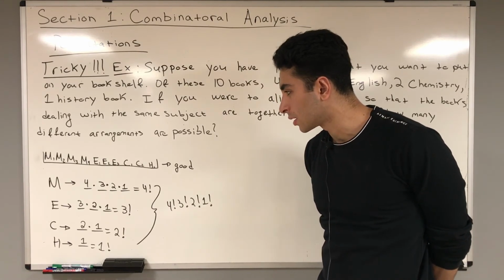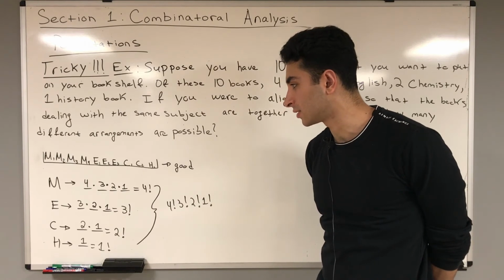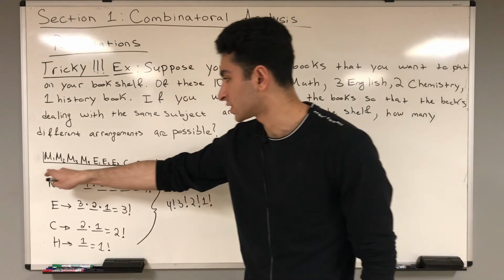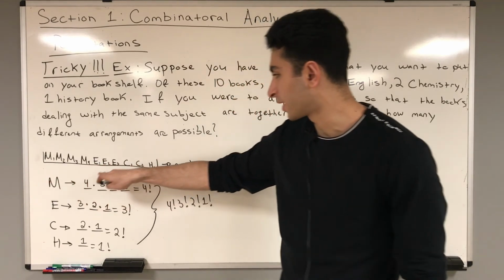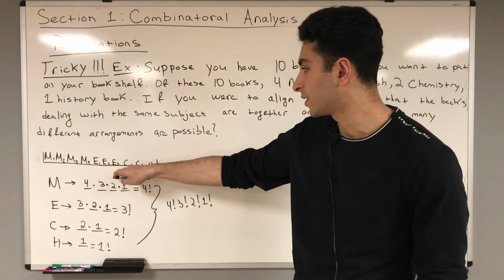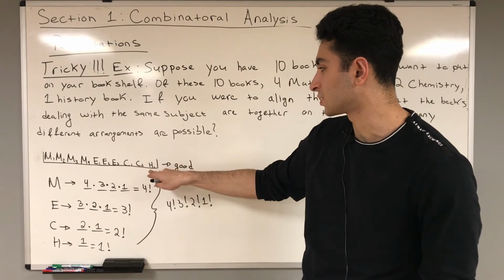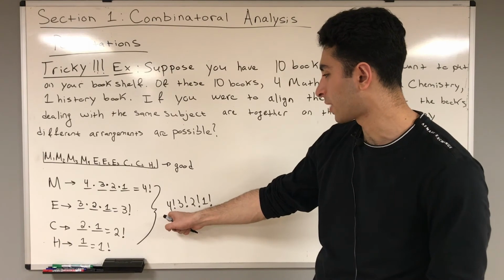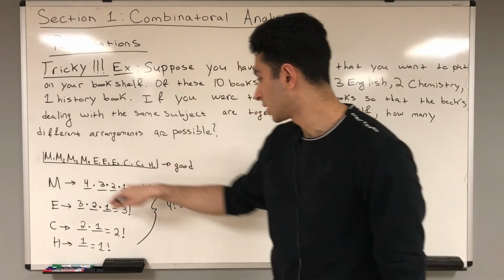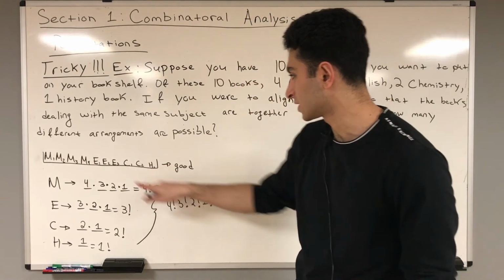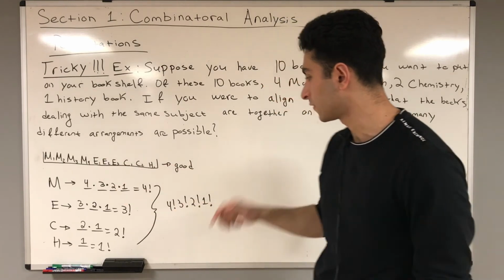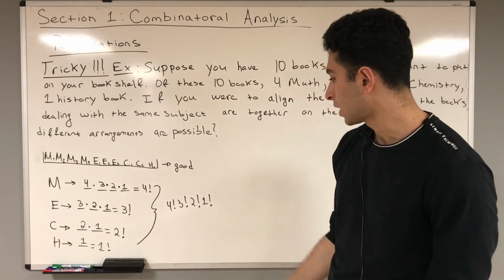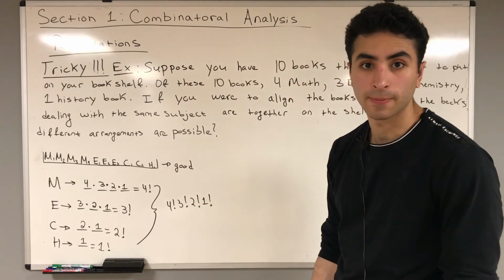Because we only factored in the case where we have the math books in the first 4 slots, the English books over here, the chemistry books here, and the history book here, right? You're rearranging the 4 math books within themselves, and the English books in the second slot within themselves, then the 2 chemistry books here, and then one history book there.